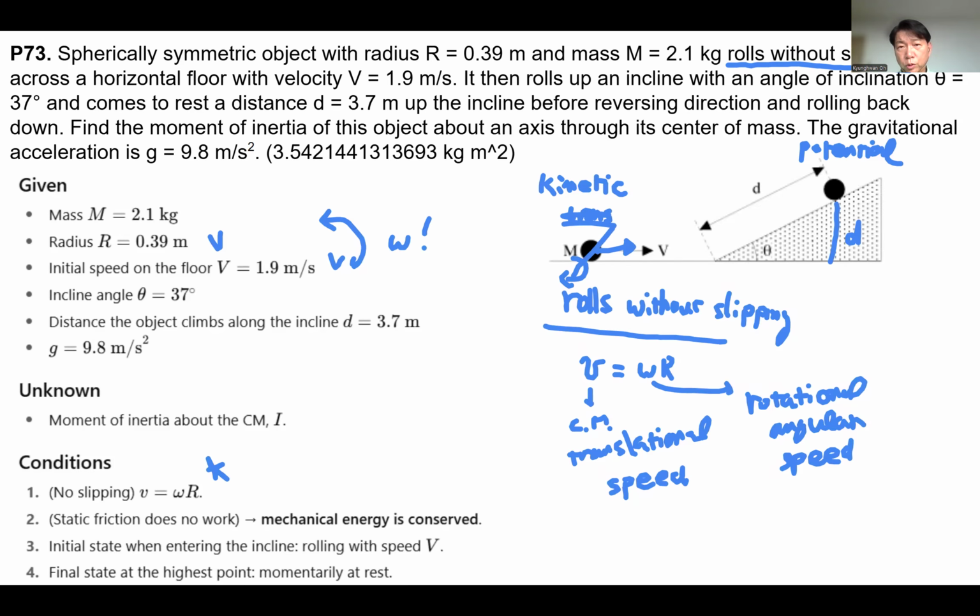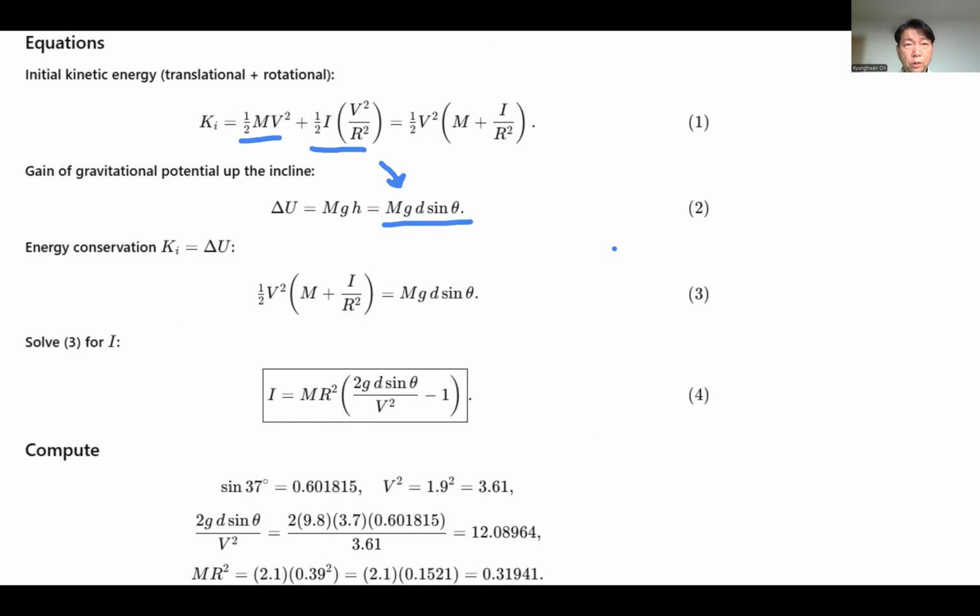So it has two terms: a translational kinetic energy and a rotational kinetic energy. And then we have to equate this one. And then I is found by these equations. And then you can plug in those numbers.